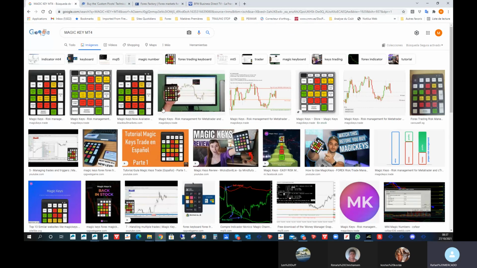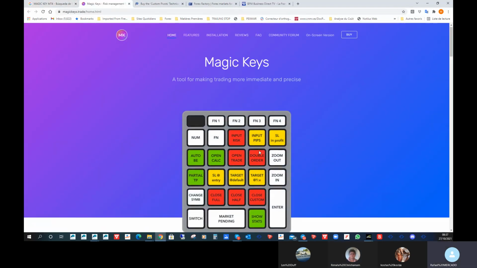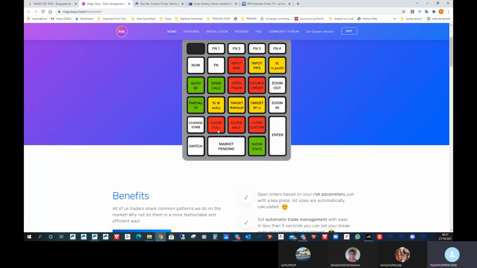You see, it's a little keyboard and you have everything already. I think the price is $100. You see, you have close full, close half, close custom, market pending switch. I don't know how to use it, but it seems you have all the functionality you need for trading.